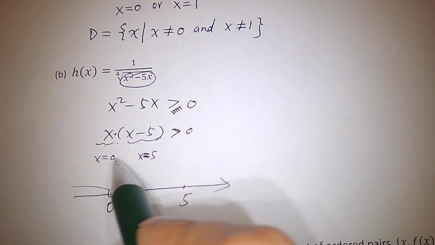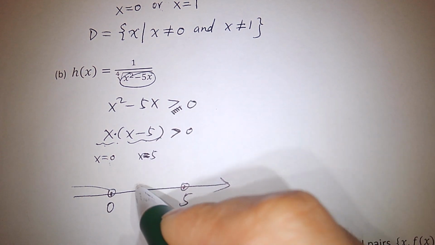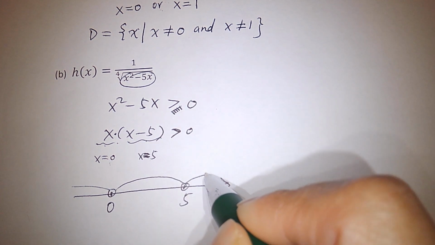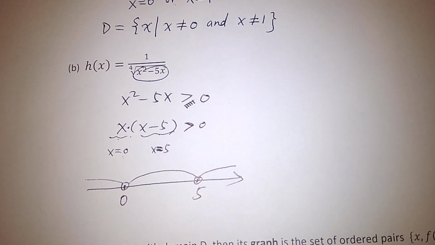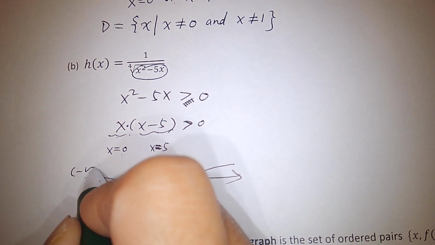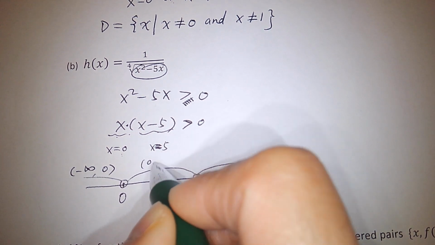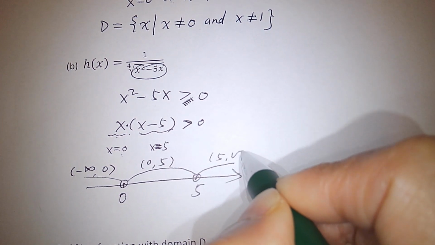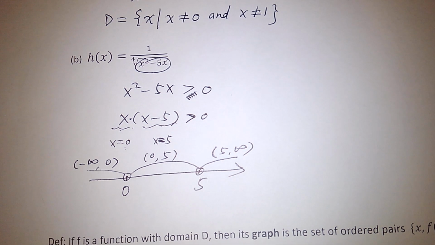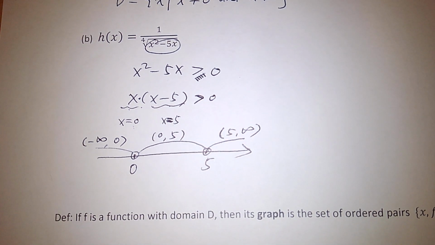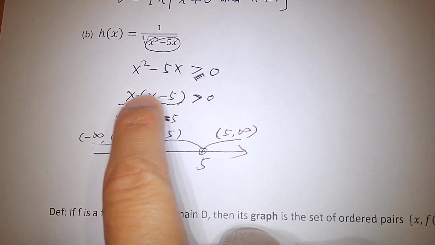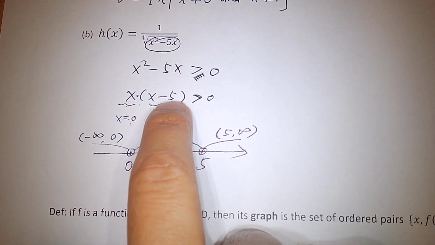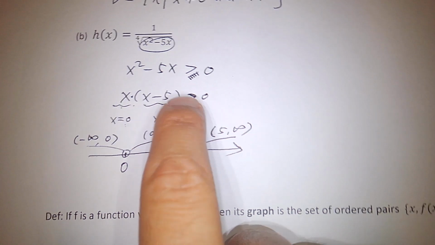We can solve for two critical numbers, so it will divide the real number line into 3 intervals, right? Remember? What are the 3 intervals? Negative infinity to 0, 0 to 5, and 5 to infinity. Remember this? Okay. So on which interval will x times x minus 5 be greater than 0? What do we do, guys?